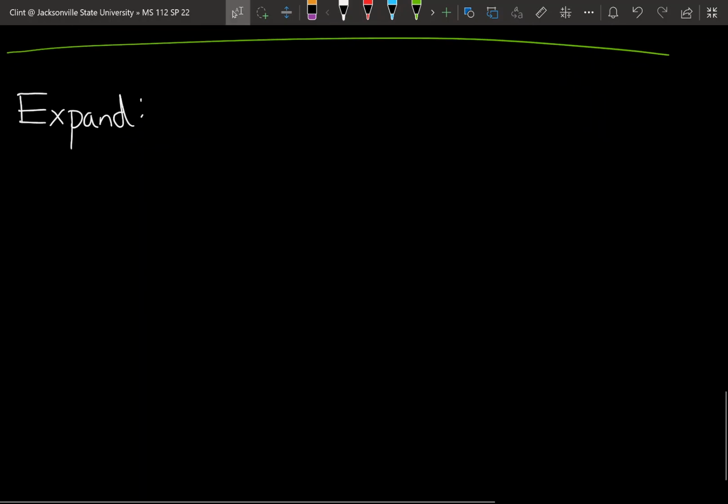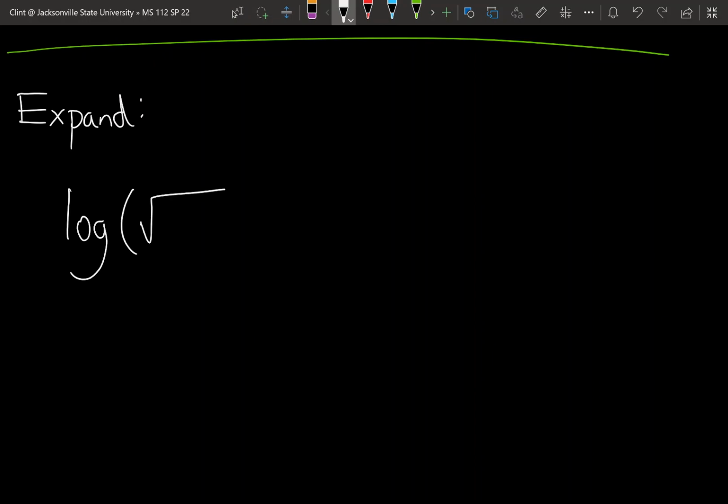I forgot to mention one situation that can be a little confusing, something like that with a square root.